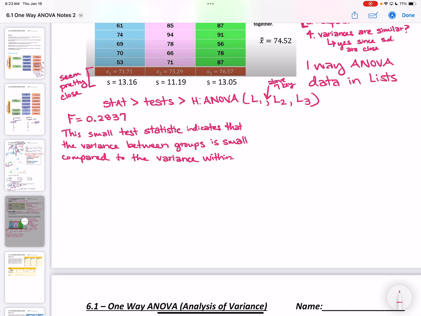Okay, and remember, the variance between is comparing the means to one another, okay? The variance within is comparing the variability of each sample to each other, so that's the standard deviation, okay?